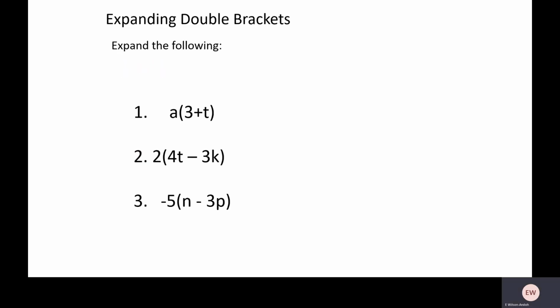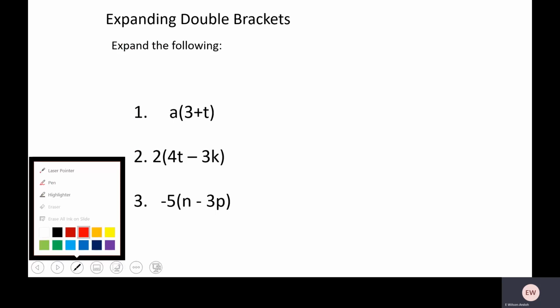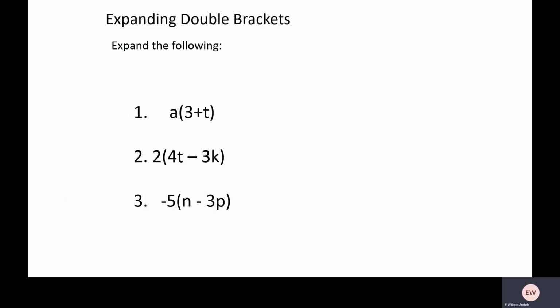Now, when you are asked to expand a bracket, what they are asking you to do is to remove the bracket. And this is how we go about it. So in the first example, what we are asked to do is to multiply everything outside the bracket by each term in the bracket.